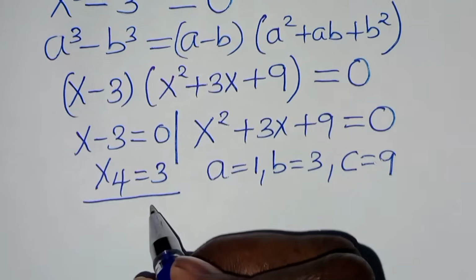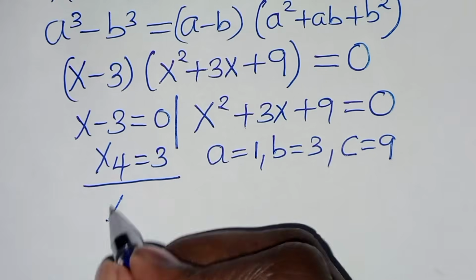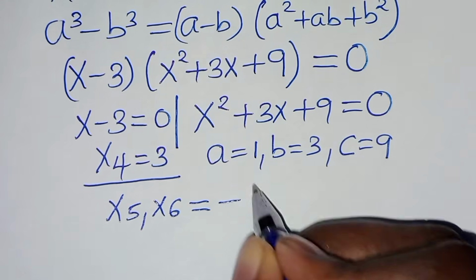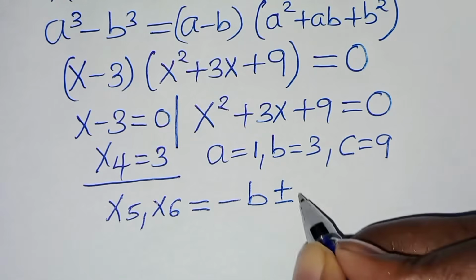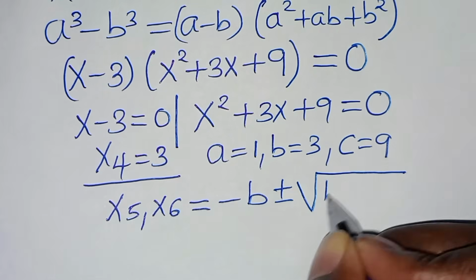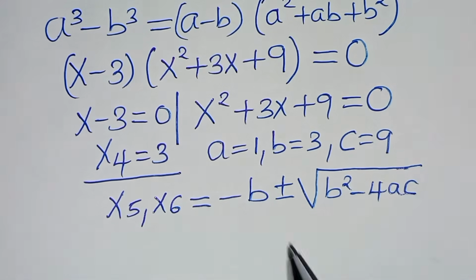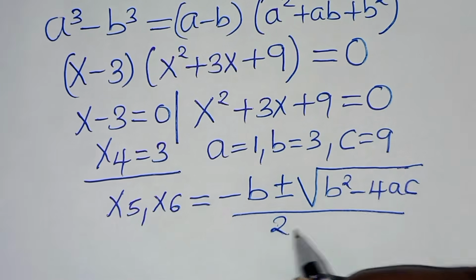So applying the quadratic formula from here, we have x5, x6 is equal to minus b plus or minus the square root of b squared minus 4 times ac, all this divided by 2 times a.